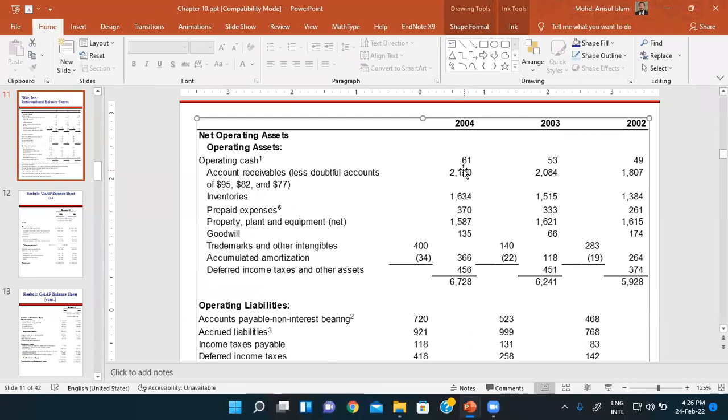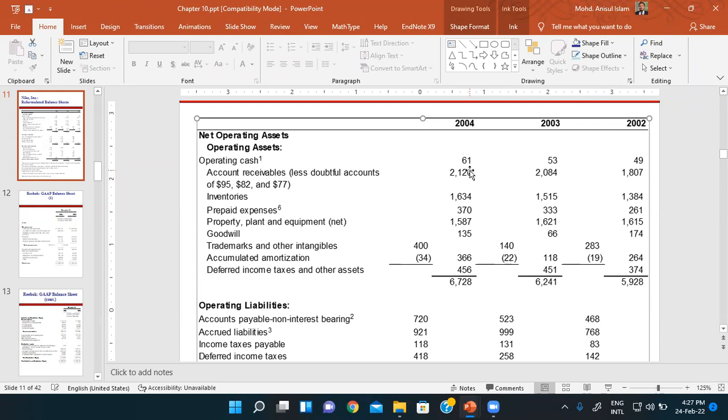And you see that from 2003 to 2004, how much has changed in the operating cash? In 2003, it was 53. And in 2004, it is 61. So here we have seen that there has been an increase of operating cash investment of 8 million.